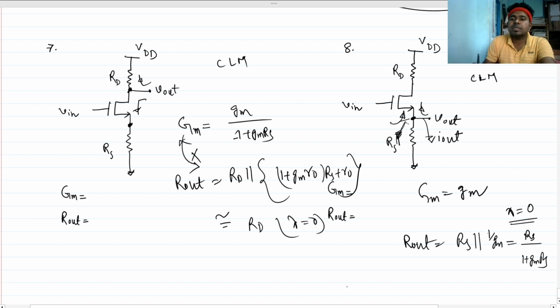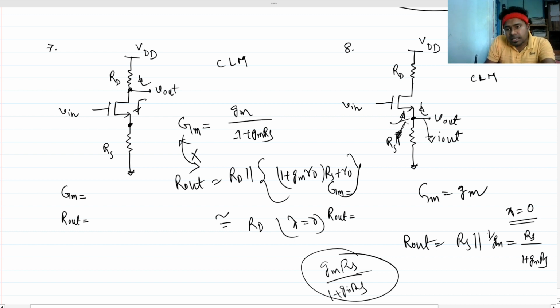Then what will be the gain? Gain will be GM RS divided by 1 plus GM RS. So this will be the gain. But if we consider channel length modulation, when lambda is greater than 0, what will be the R out? R out will be RD plus R naught divided by 1 plus GM R naught parallel RS, right?